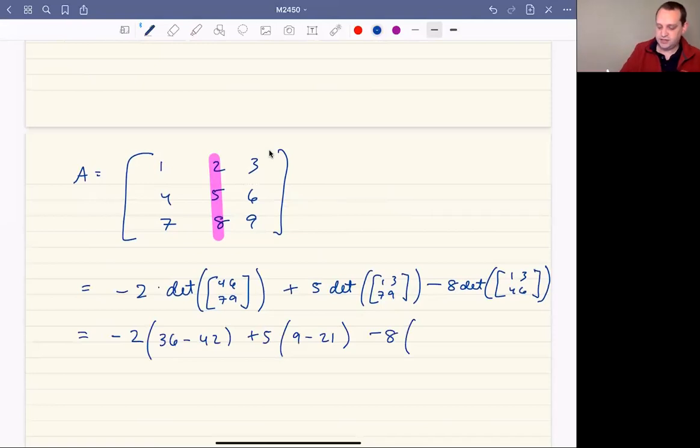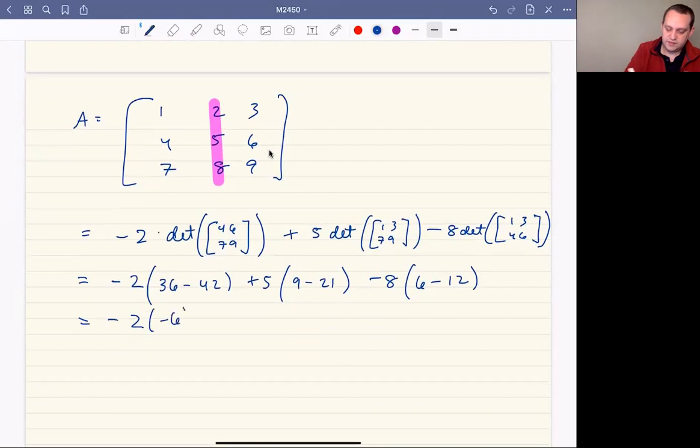So that's 1 times 6 minus 4 times 3. And so altogether this will be, we should get 0, but let's just double check. Negative 2 times negative 6 plus 5 times, let's see, 9 minus 21 is negative 12. Minus 8 times negative 6.